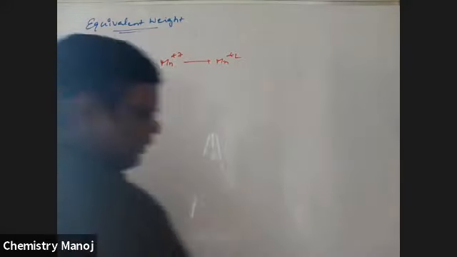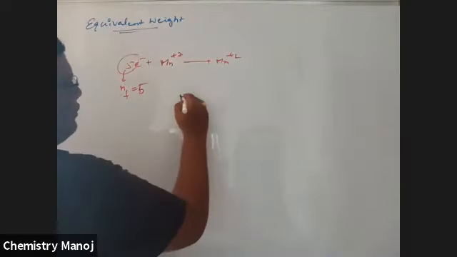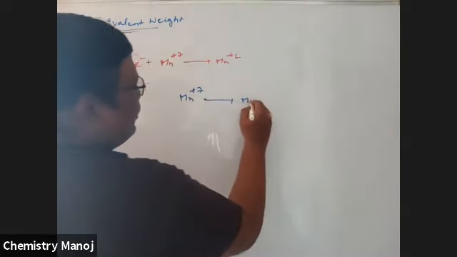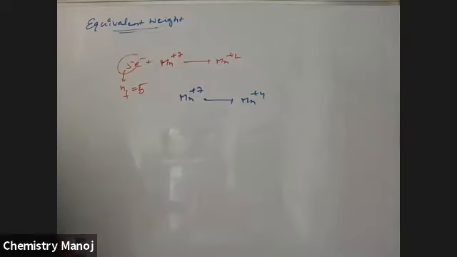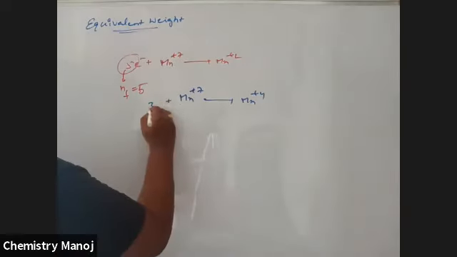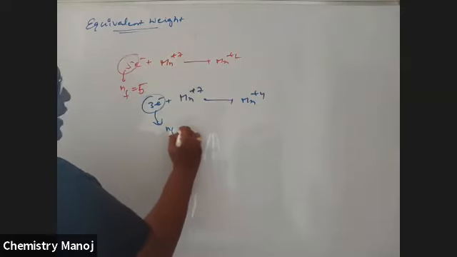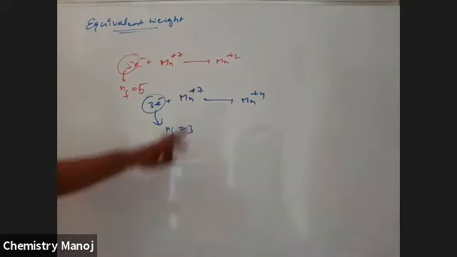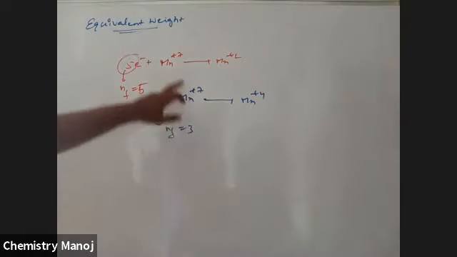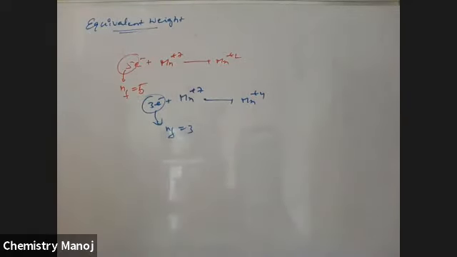Similarly, if the same Mn plus 7 changes to Mn plus 4, only 3 moles of electrons are used, so the n factor is equal to 3.